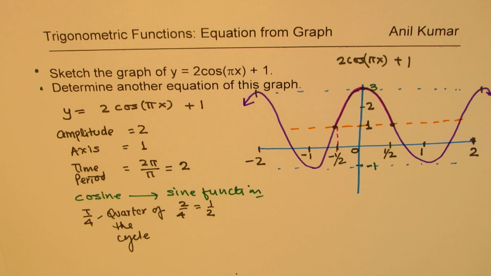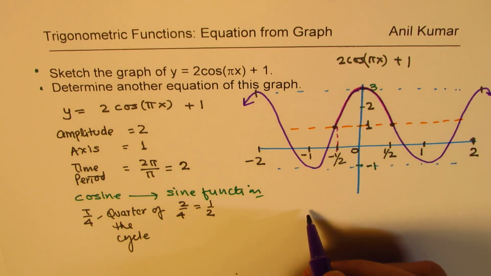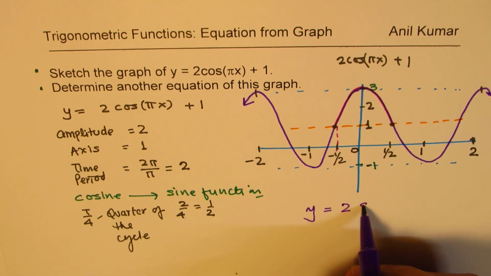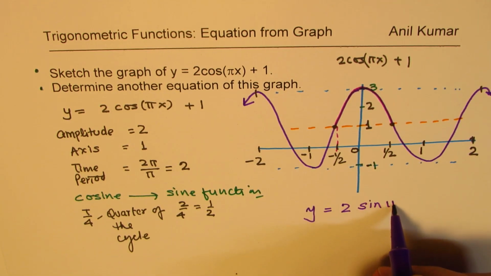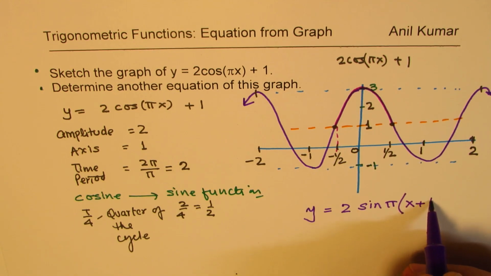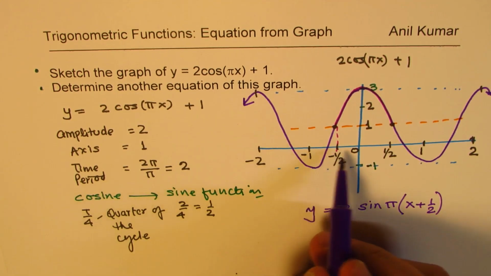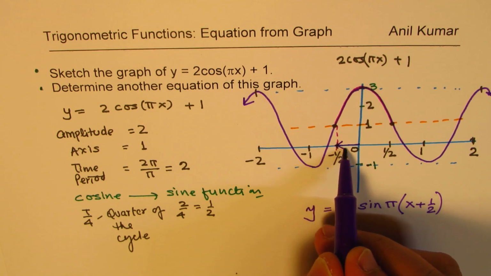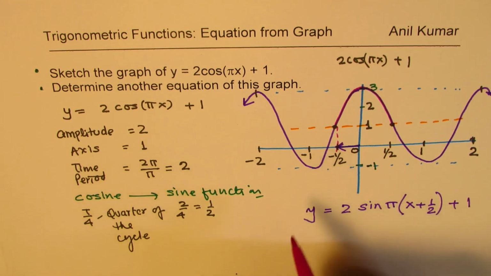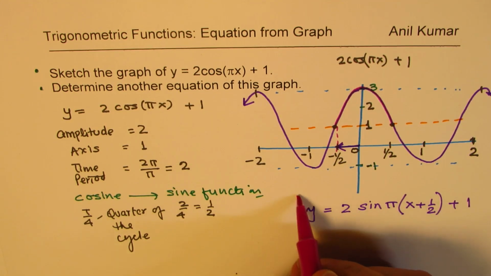Perfect? And therefore, I could write this as y equals 2, amplitude remaining same as 2, sine of what? Pi, because the time period is same, x plus half. Since it has moved half unit to the left. Do you see that part, right? Plus the axis of 1. So that becomes our alternate equation for the same graph.